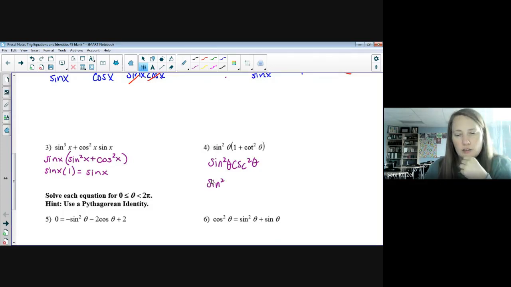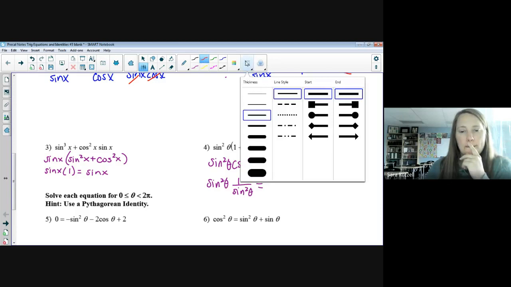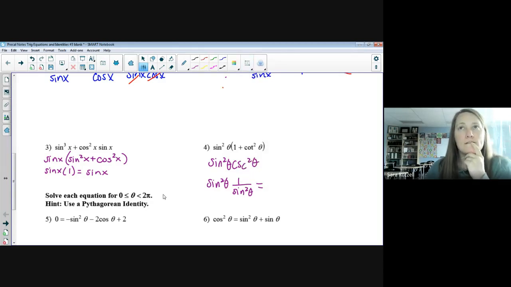So sine squared, 1 over sine squared. Is anything going to cancel? The sine squareds will go away. One's on top and one's on bottom, and we're just left with 1.